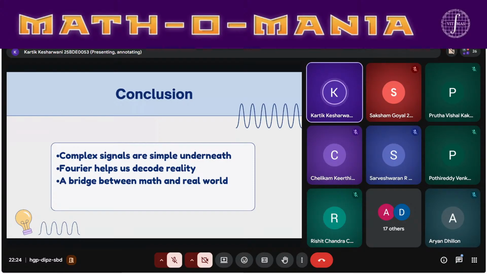So now let's get into something interesting and let's start with the quiz.